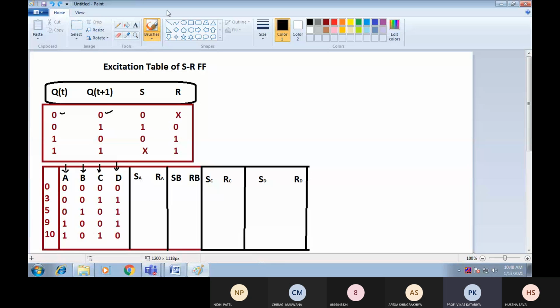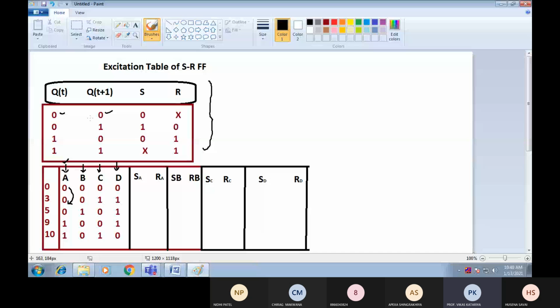So for every input you have to consider the excitation table very carefully, right? So let's design for input A. We are designing for input A. Present state is 0, next state is 0. Let's look at the excitation table.